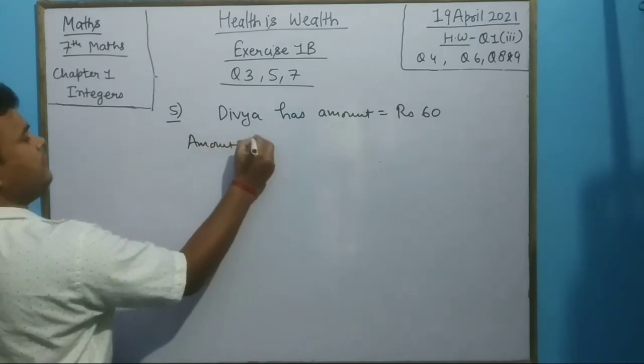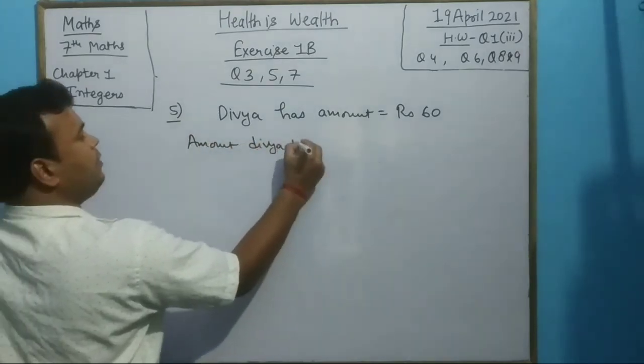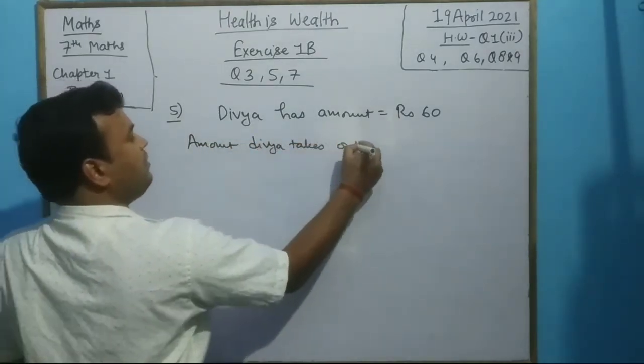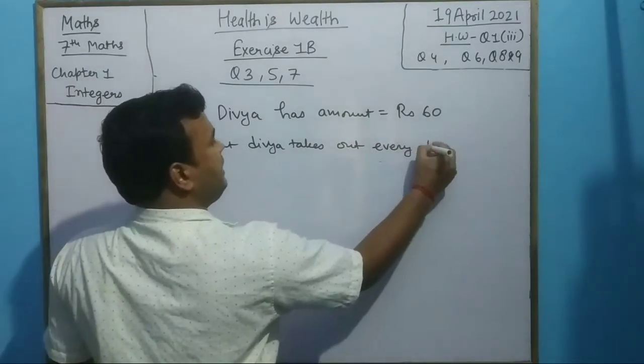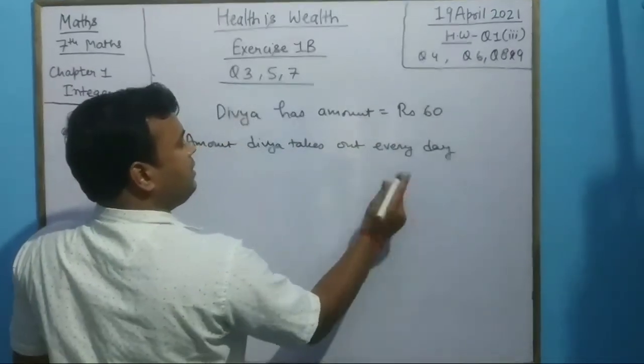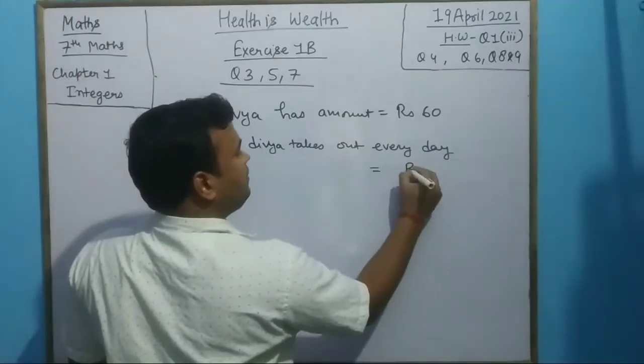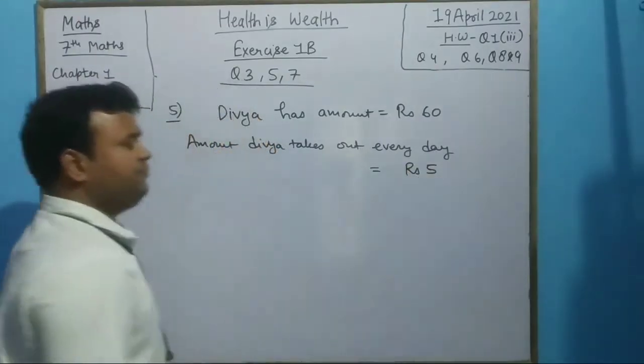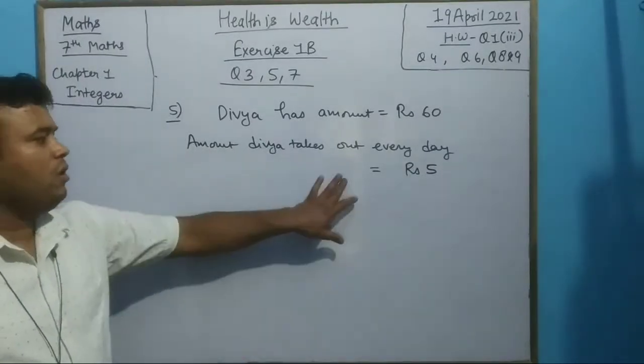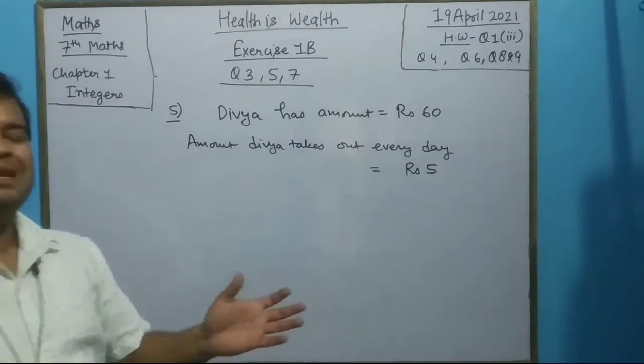Amount Divya takes out every day. This is rupees 5. Okay, so this amount has been debited.